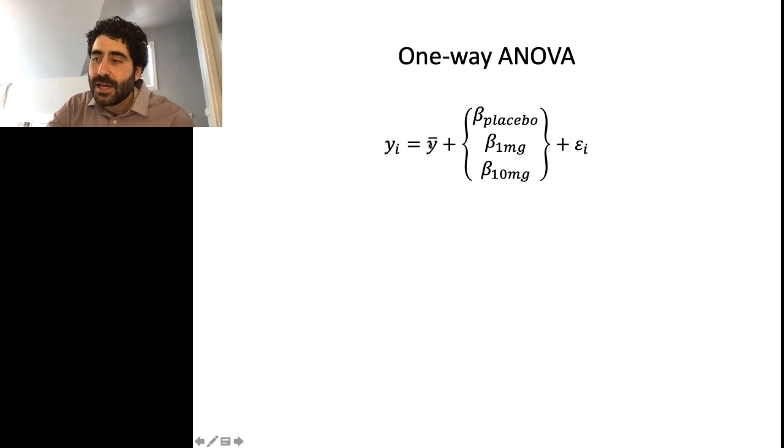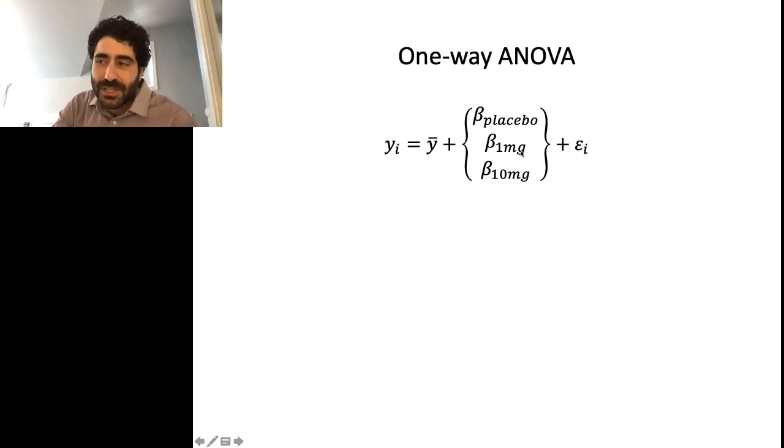Maybe we have some overall mean, and for people in the placebo group, we make our prediction a little bit lower for their outcome. This beta maybe is like -5 or something. We predict that their outcomes are going to be a little bit worse than average. Maybe the people in the 1 milligram group are going to have about average outcomes, and the people in the 10 milligram group are going to have the best outcomes or something.